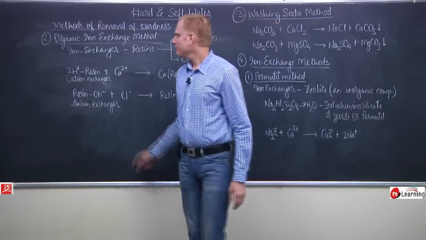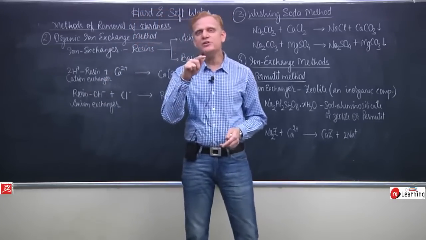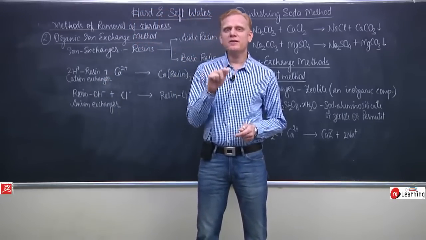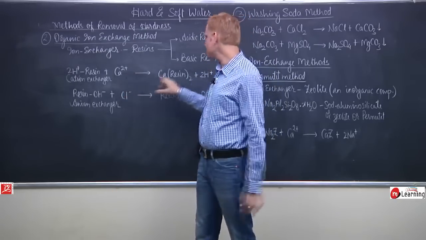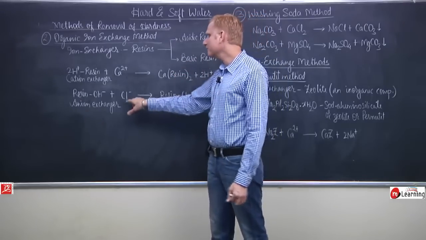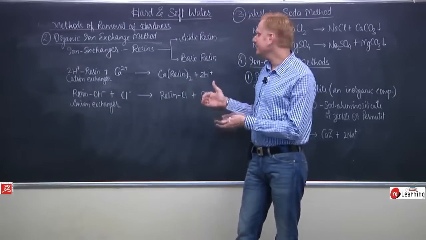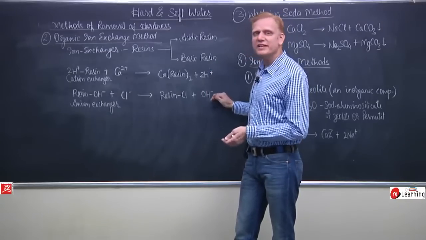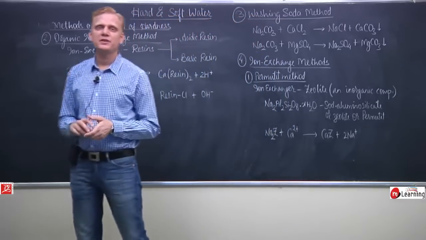But here, when the sample of water passes through each individual compartment, the first compartment will exchange calcium ions and the exchanger is H plus. The second compartment will exchange chloride ions and the exchanger is hydroxide. So ultimately, this combination is not giving any kind of salt in that soft water.